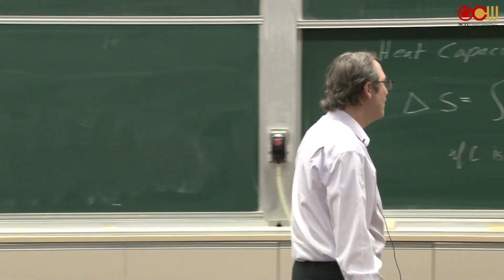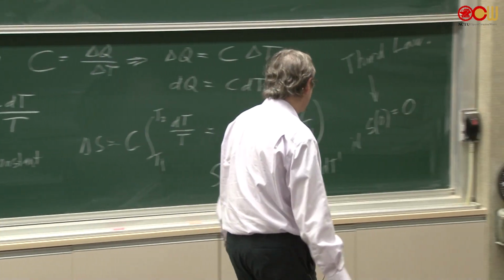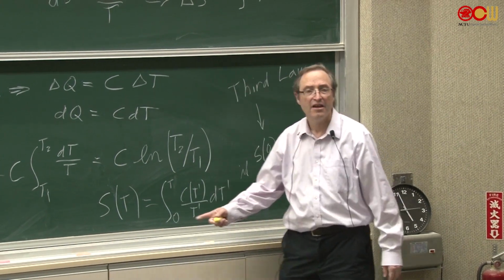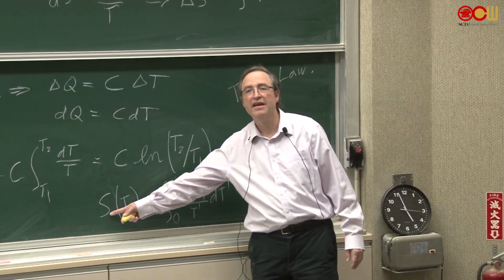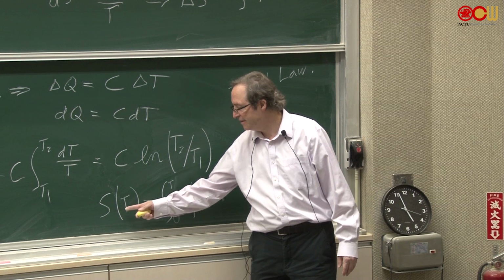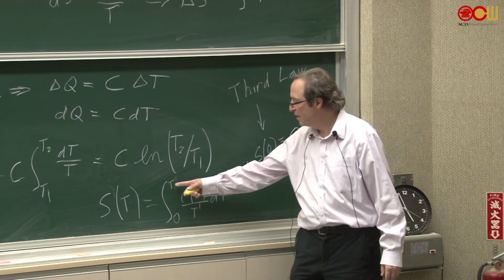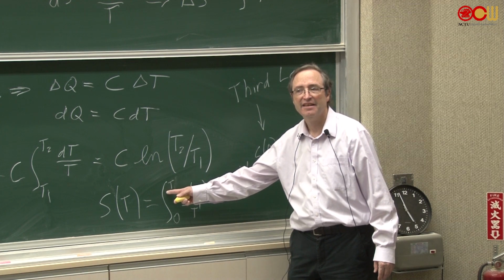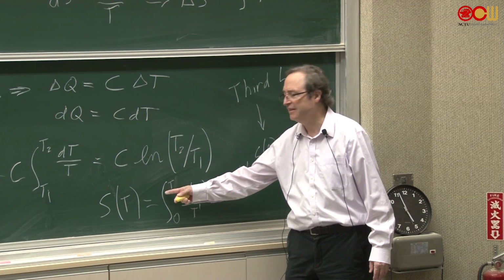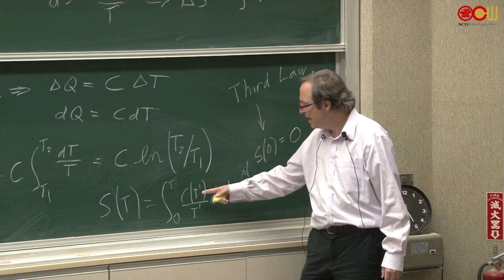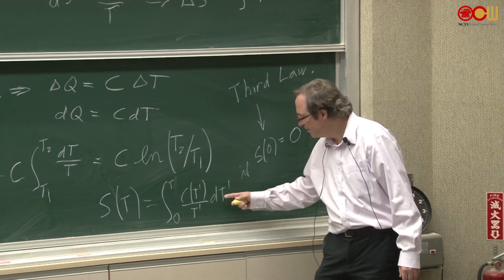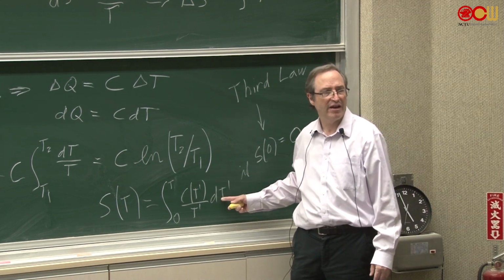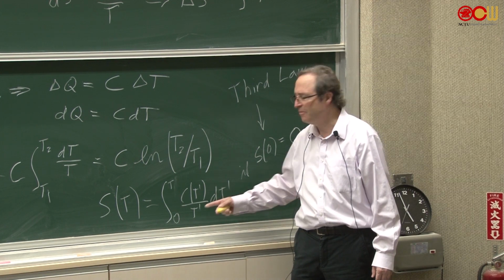So I noticed a very slight error in the last thing I wrote down. This entropy, I want the entropy at temperature T. So the upper limit on the integral is T. I wrote T prime, which doesn't make any sense. So that's T. And this T prime here, these are what are called integration variables. I don't know if you've learned about them.